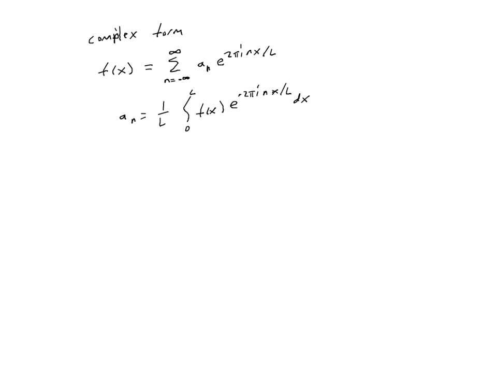This is basically the same thing, but the only difference is that when you're using a complex form, you really don't care about the symmetry anymore, and you're not taking advantage of the symmetry. When you're doing the sines and cosines, the big advantage is that if it's even, then you can just set all the sine terms to 0, and your symmetry automatically falls out of the problem just by taking into account only cosine terms.